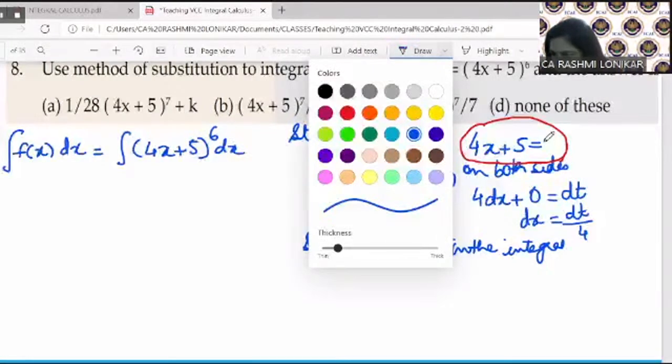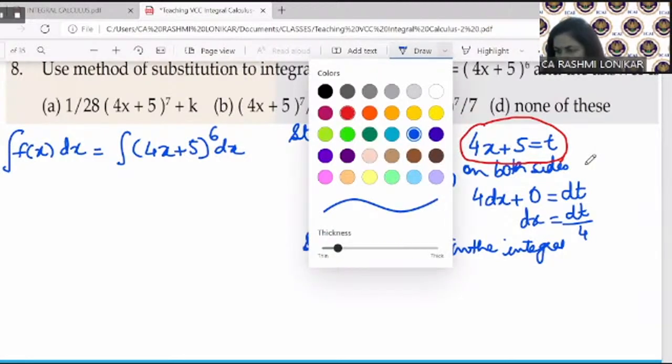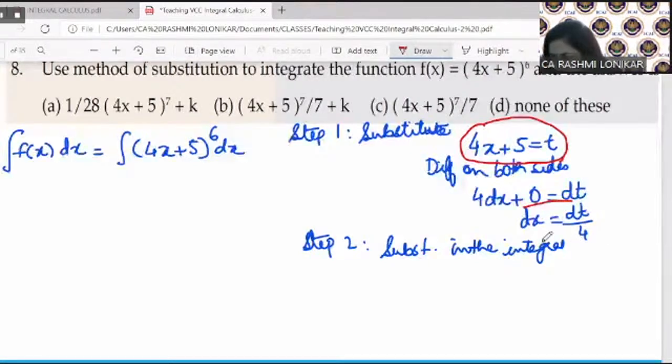I will substitute this, and very important is sometimes we forget to do it, and I have to also substitute this.